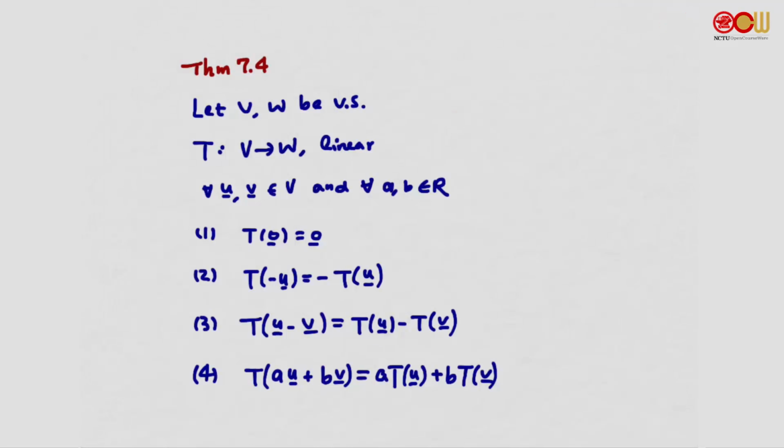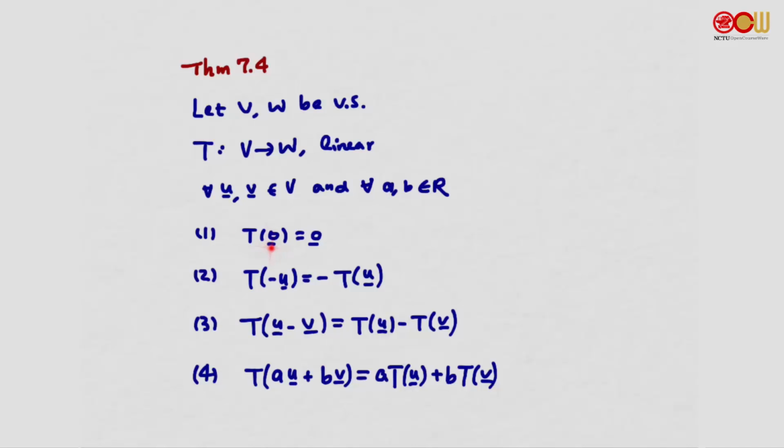Theorem 7.4 has some properties of a linear transformation, and these properties are very much like what we had before in Chapter 2. V and W are vector spaces. T is a mapping from V to W, it's linear. And for all u, v in the vector space V and all scalars a and b, the following are true.